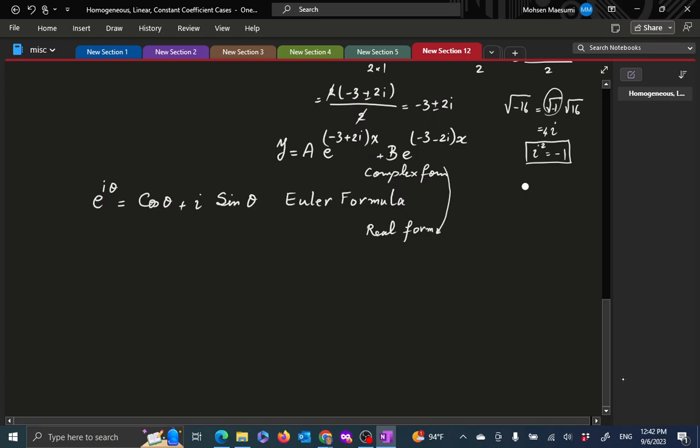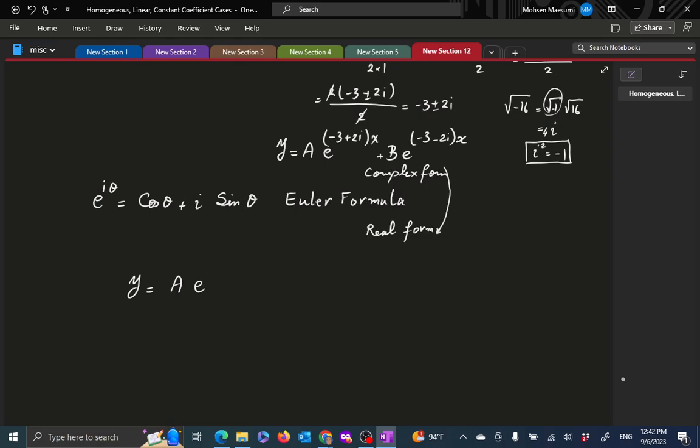So I say, okay, I have y equal to a exponential of minus 3 plus 2i times x, plus b exponential of minus 3 minus 2i times x. Now remember, exponential of m plus n, you can always write as exponential of m times exponential of n. That's true for any base, not just e.